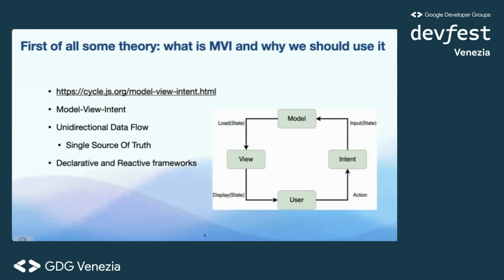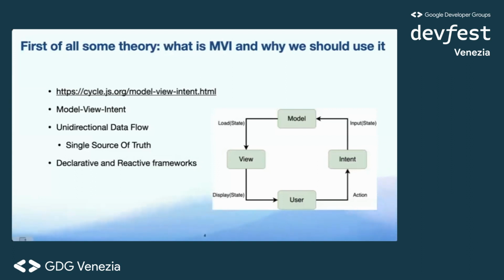So the first main difference is this: the data flow is unidirectional, and each single piece of the architectural pattern communicates in only one way. Why is this important? This is important for the principle of the single source of truth and to keep data correct.